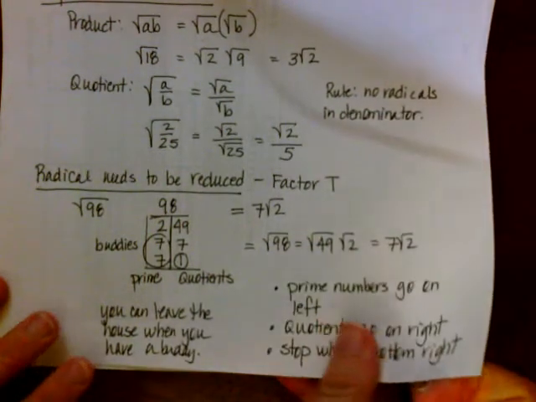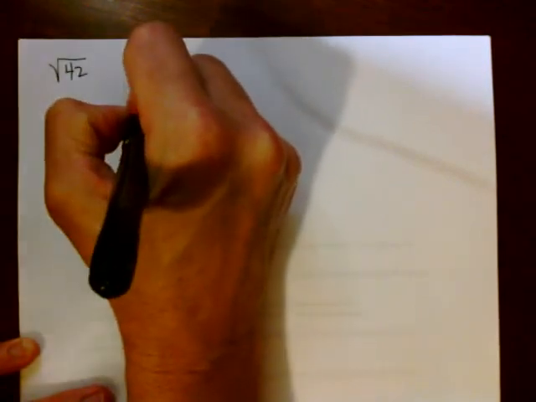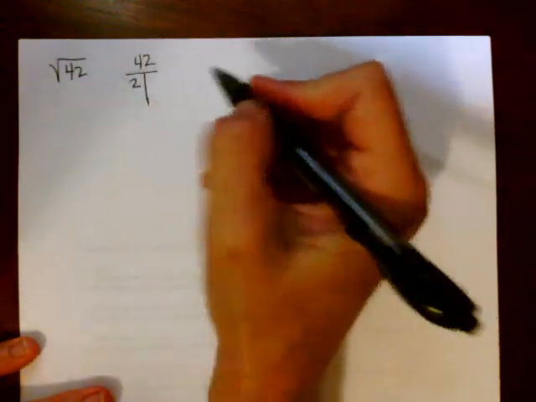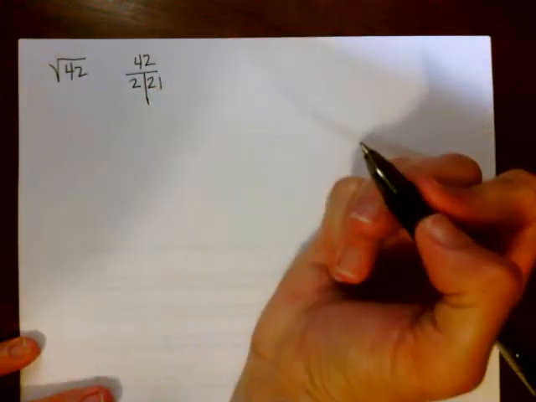Alright, so let's do a couple of examples using our method of reducing radicals. Let's say I want to reduce radical 42. Again, I'm going to use my factor T. So I'm going to write a 42 at the top of a T. I'm going to divide 2 into 42, and I'm going to get 21.